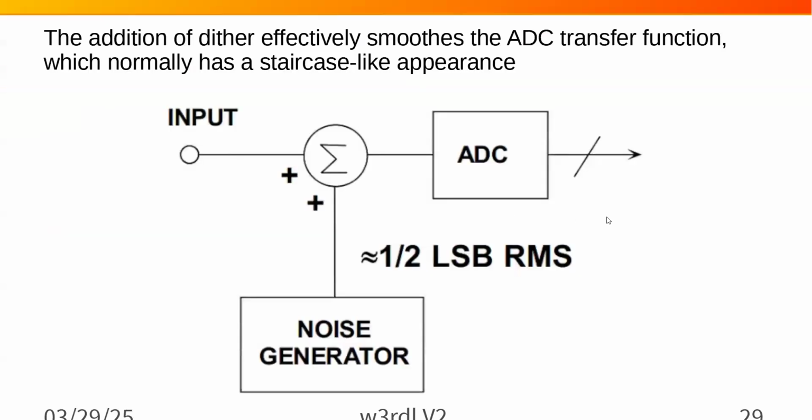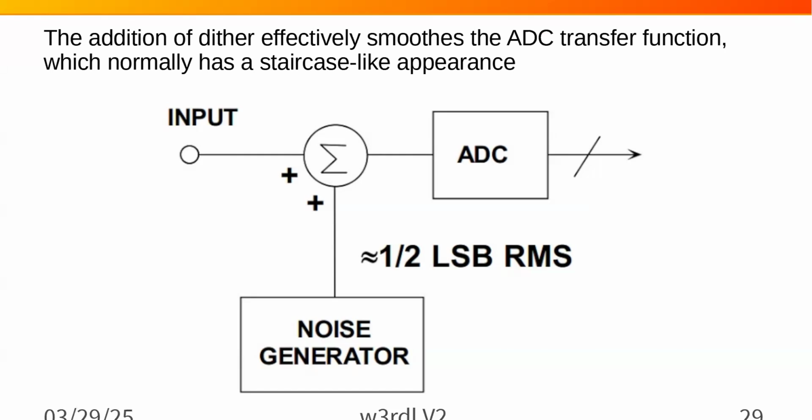So they'll have a noise generator set to approximately 1/2 of the least significant bit of the converter. So if your converter was 1 millivolt minimum, then they'd inject about 1/2 of a millivolt noise.